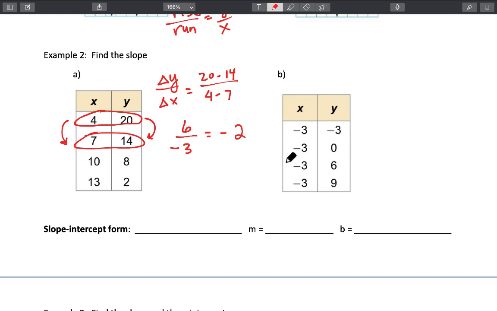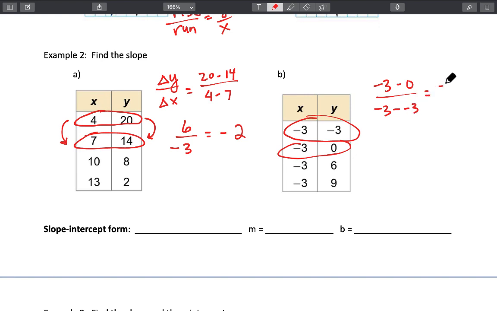All right, next up, let's take a look at this other xy t-chart. And you see my x's are -3, -3, -3, -3. They're all staying the same, whereas my y's are changing. So if we were to do just 2 points here, let's take these first 2 again. My change in y would be -3 minus 0, and then I'd have -3 minus a -3 for my x's.